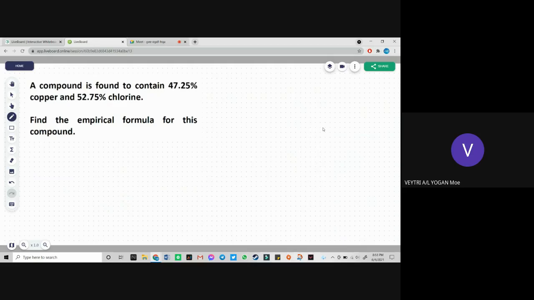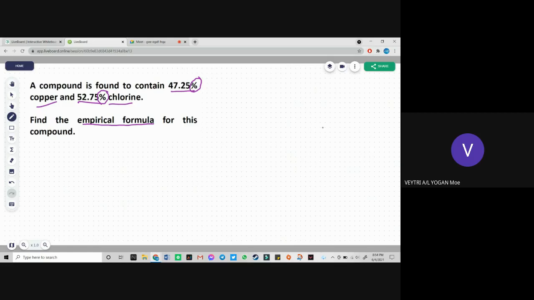Look at the question. I think it's quite clear that we are talking about number 1, copper, number 2, chlorine. Okay, a compound is found to contain 47.25% of copper and 52.75% of chlorine. You see the word or this symbol, which is percentage. Wait first. Don't straight jump into the solution. Okay? What's the question? Empirical formula. It asks to find the empirical formula.